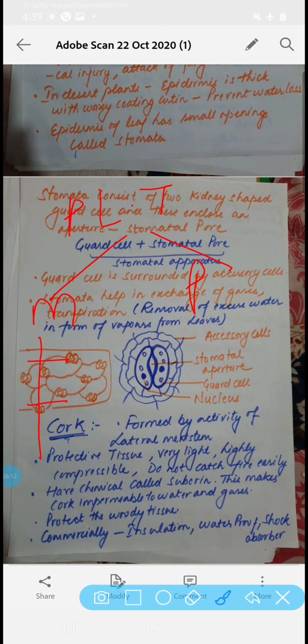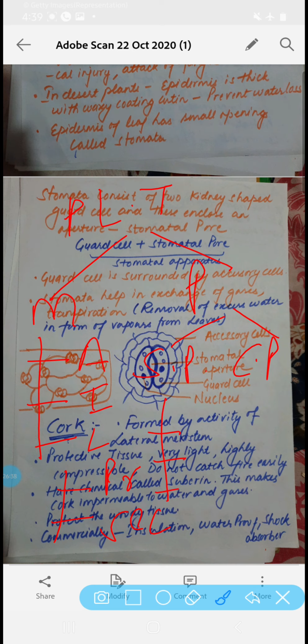Meristematic tissues are of three types based on their position: apical, intercalary and lateral. Based on their origin, they are of two types: primary and secondary meristem. Now permanent tissue is further divided into two: simple permanent tissue and complex permanent tissue.